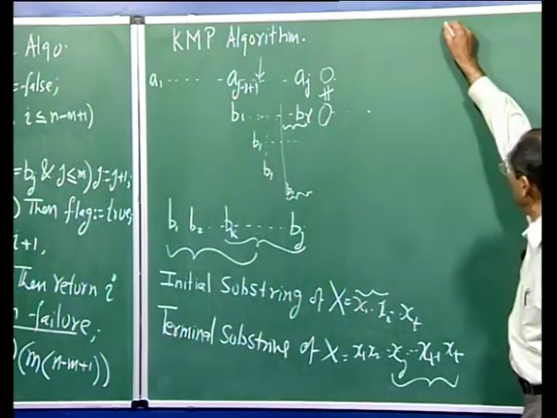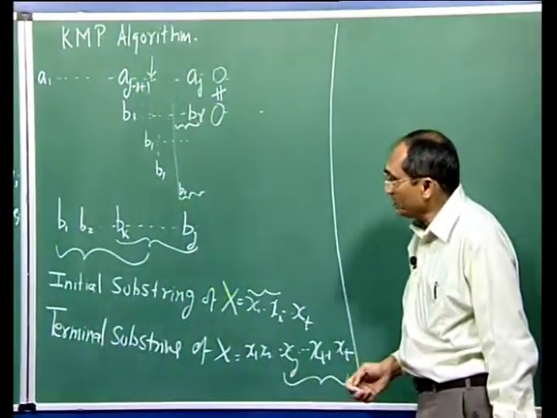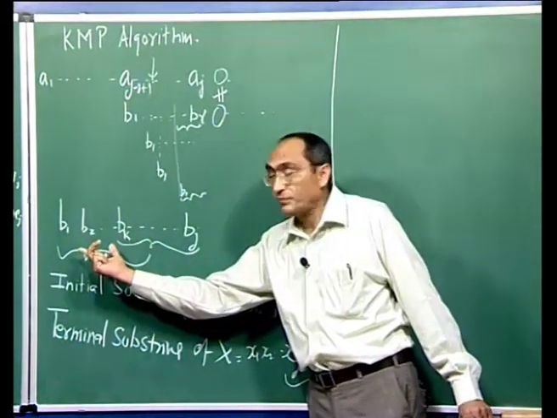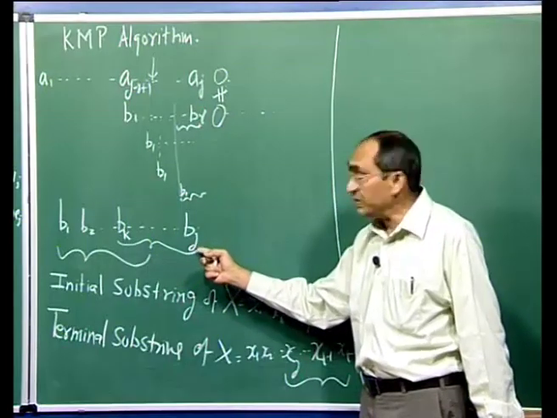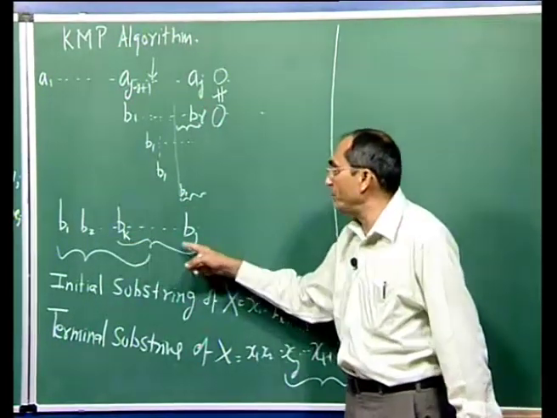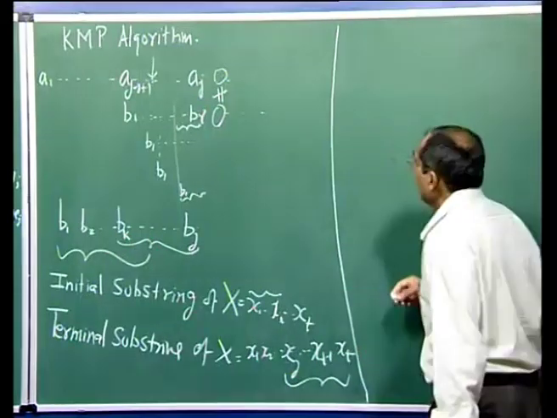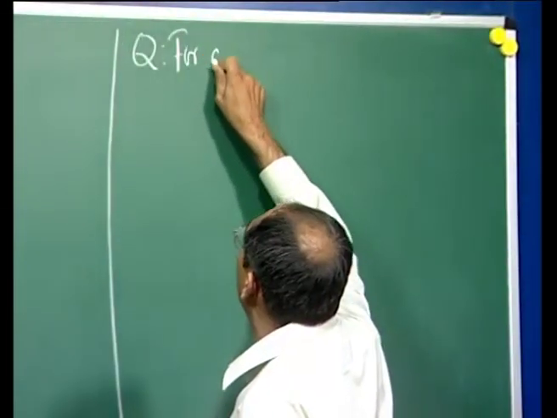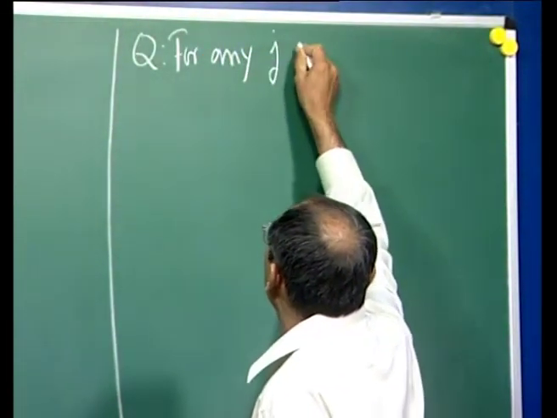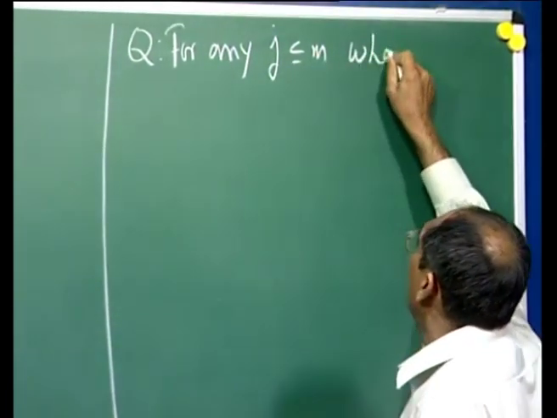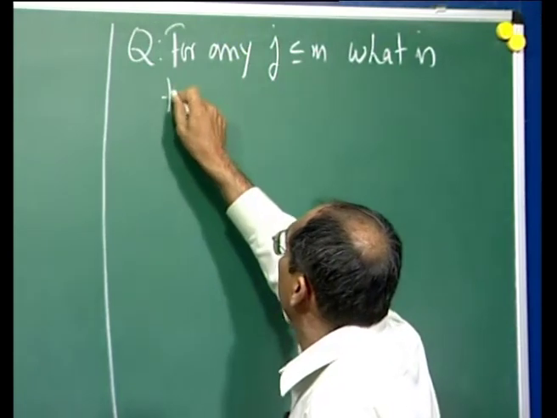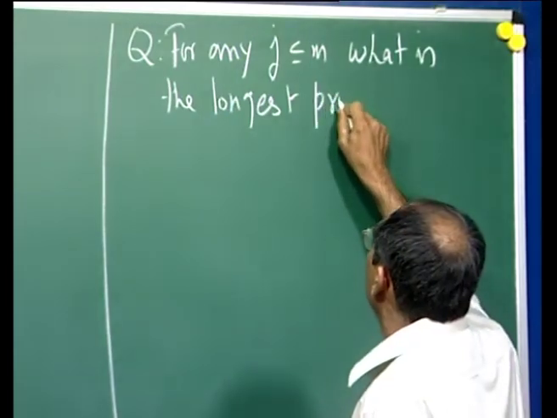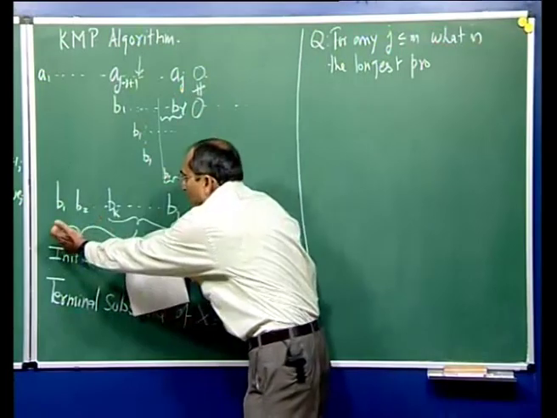Now, what is our objective right now? We would like to find a longest possible initial substring of B1 through Bj, which is also a terminal substring of B1 through Bj. So, the question is, for any j, what is the longest proper substring? We do not want the whole thing, which is obviously the case.